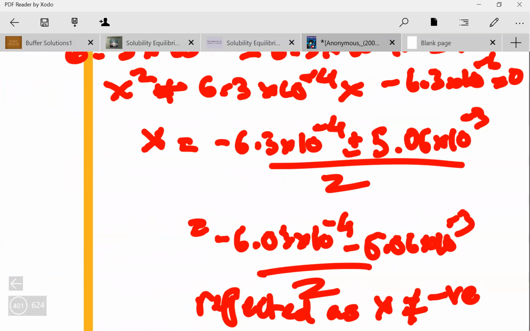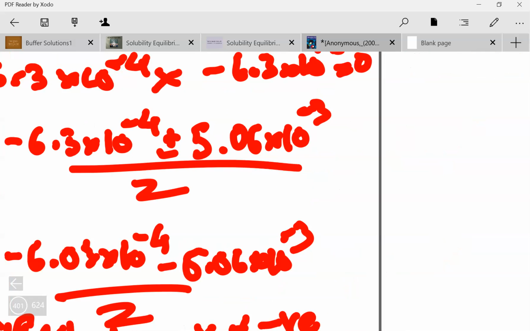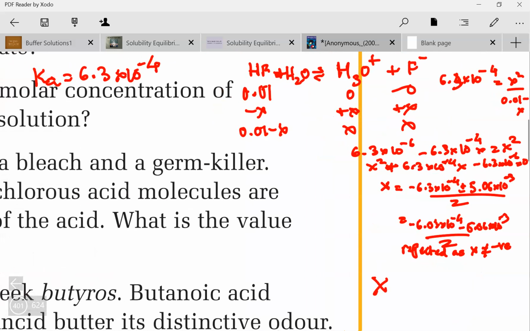So my only other viable option is negative 6.3 times 10 to the power negative 4 plus that, divided by 2, and my x turns out to be 2.23 times 10 to the power negative 3. Finally. Now let's take the negative log of that answer, and we get a pH of 2.65.